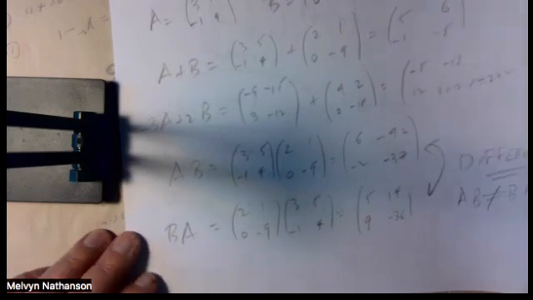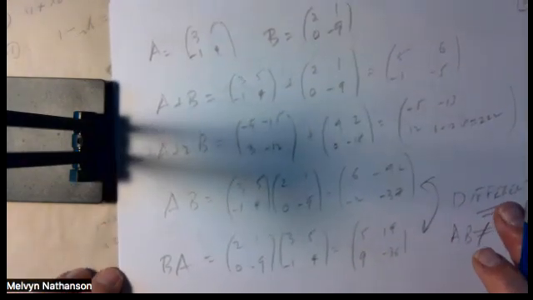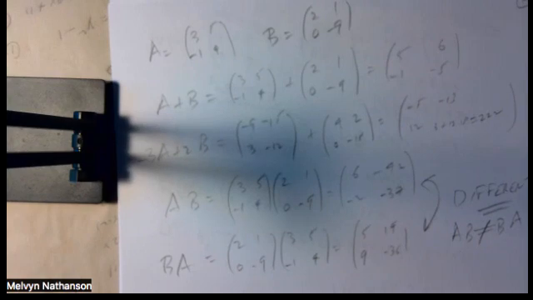So matrix multiplication is not what is called commutative. You need to, first of all, make sure that I did this correctly. And if I did, then see whether you got something similar.